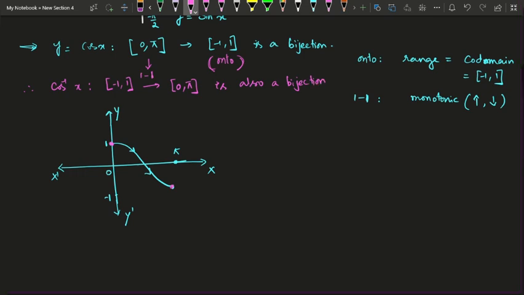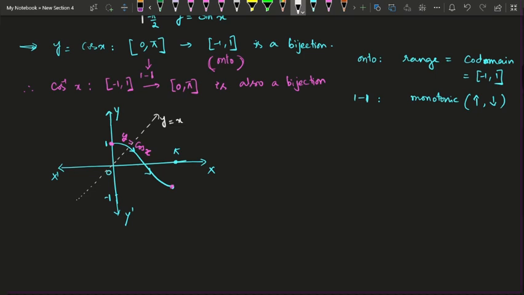Now how can we draw the graph of y equals cos inverse x? It is the reflection of the bijective cosine function in the line y equals x. This is the line y equals x, and we have to reflect the graph in it.